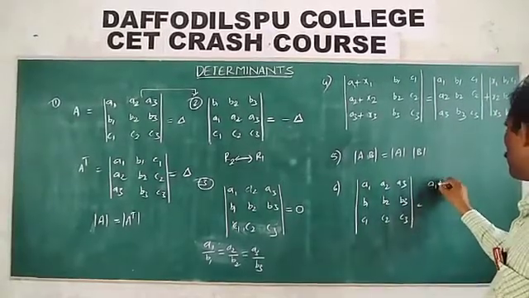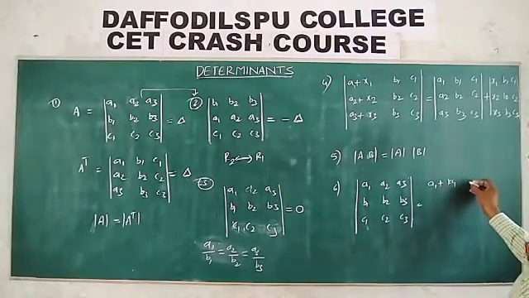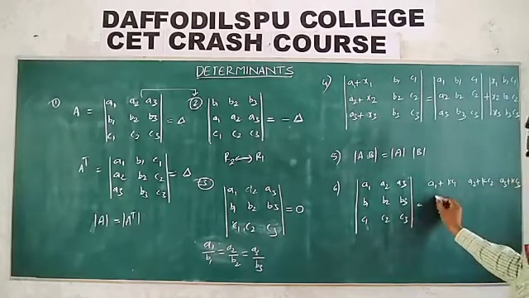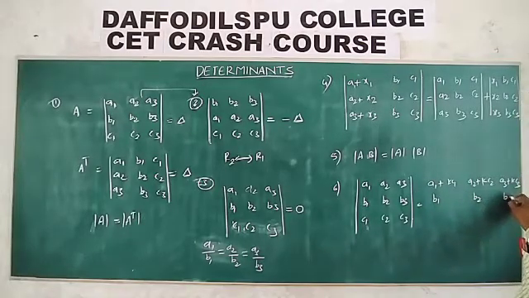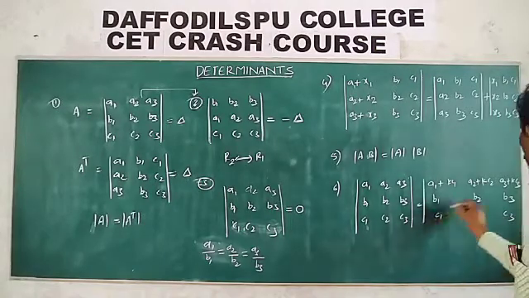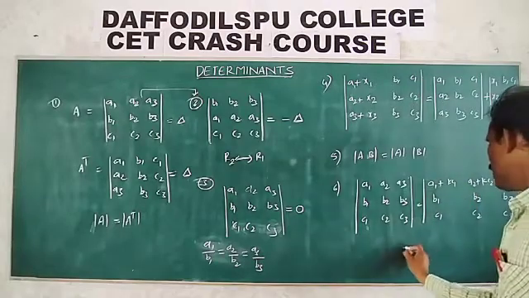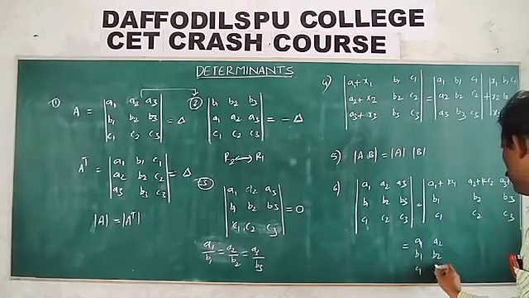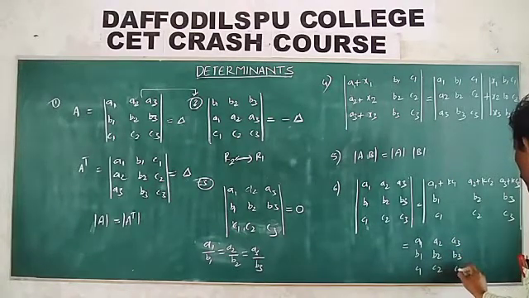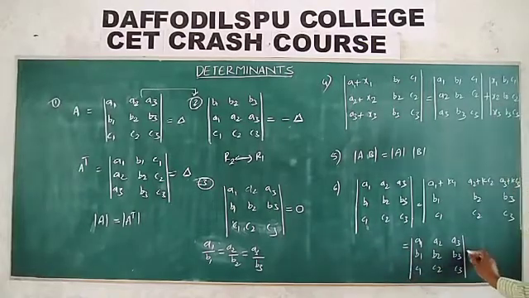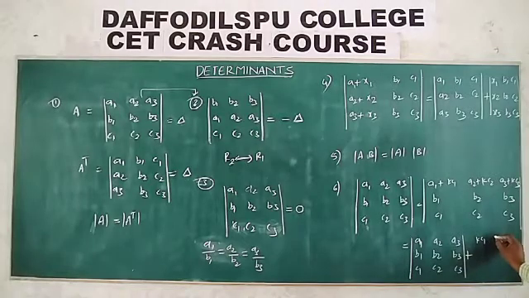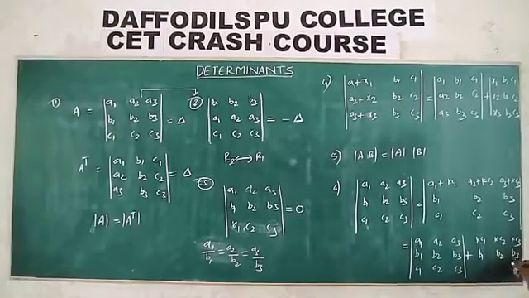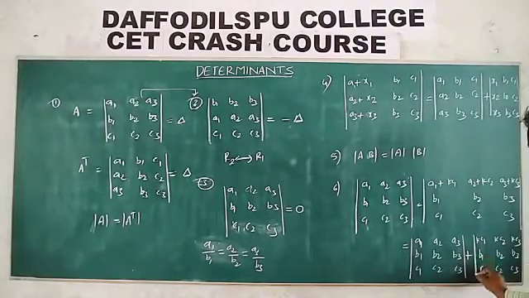The property says: A1 plus K into C1, A2 plus K into C2, A3 plus K into C3, then B1, B2, B3, C1, C2, C3 can be expressed as the determinant A1, B1, C1... plus a second determinant with K into C1, K into C2, K into C3, B1, B2, B3, C1, C2, C3.